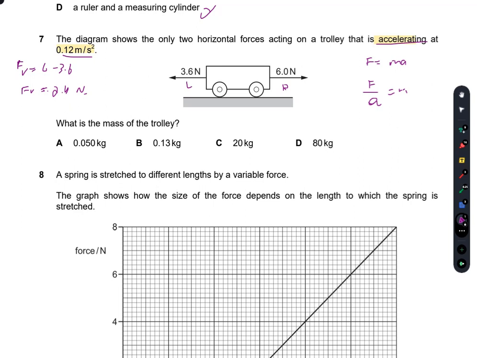So yes, I apply the second law of motion, not equations. 2.4 divided by 0.12 is equal to the mass. So the value comes to be 20 kilograms. So 20 kilogram is the mass of this trolley here. So C is the right option.